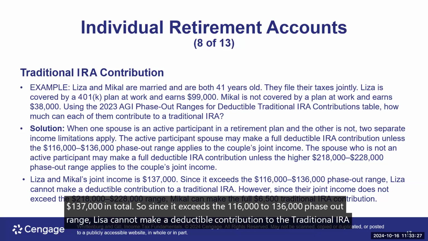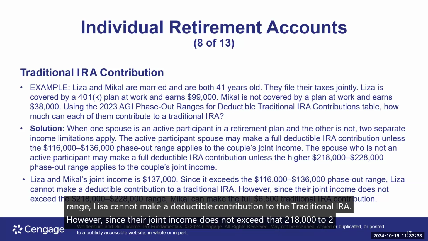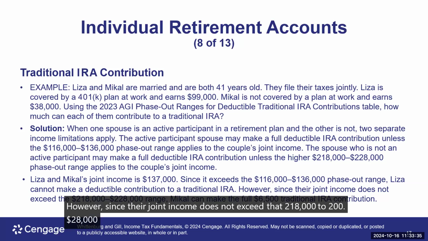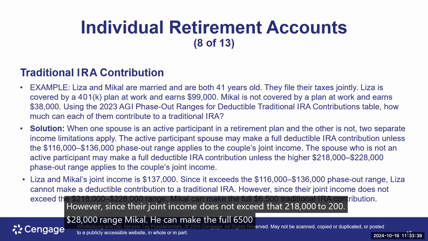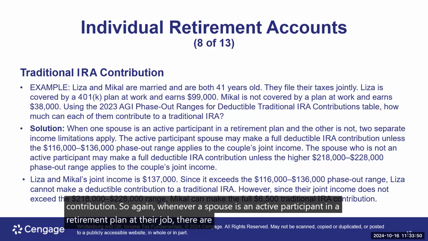However, since their joint income does not exceed the $218,000 to $228,000 range, Mikhail can make the full $6,500 traditional IRA contribution. So again, whenever a spouse is an active participant in a retirement plan at their job, there are two limitations that apply.